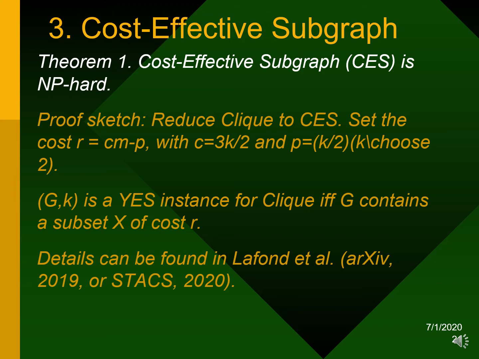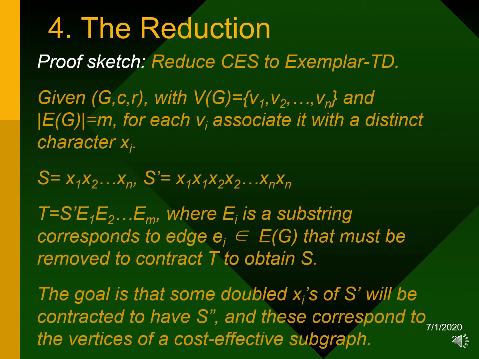So now let's look at the reduction. Since the reduction is very long, in fact pretty tedious with all the details, I will just illustrate the most important ideas. Here we reduce CES, the cost-effective subgraph problem, to exemplar TD.